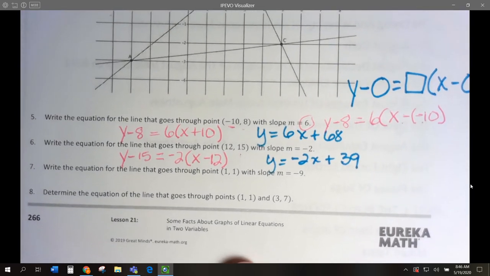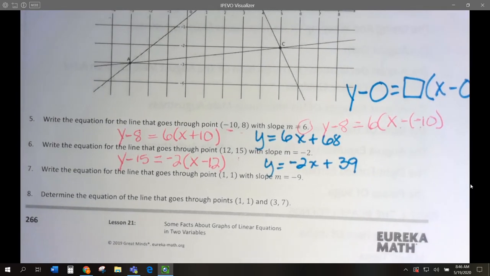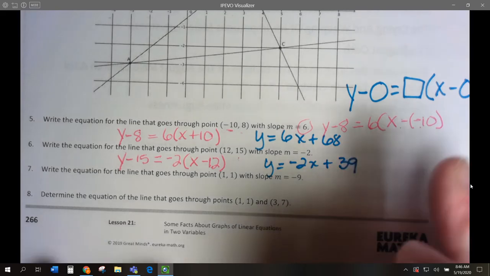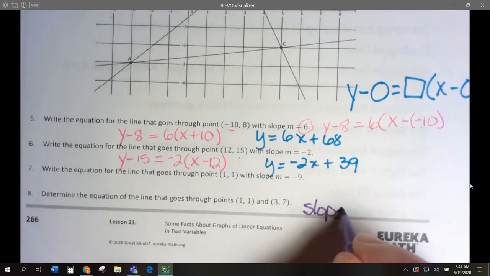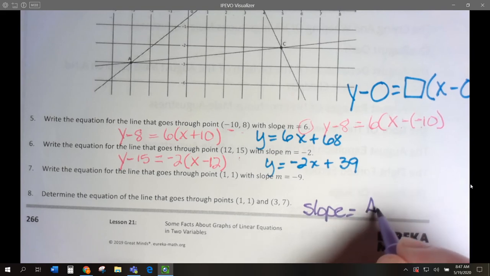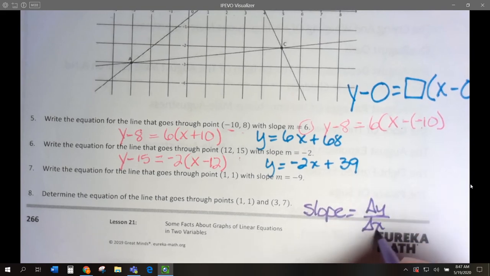Number 8 is a little tricky because they don't give us the slope. Uh-oh. They give us 2 points, and we know how to find the slope between 2 points. Delta y over delta x, right? So let's first find our slope. Change in our y over the change in our x.